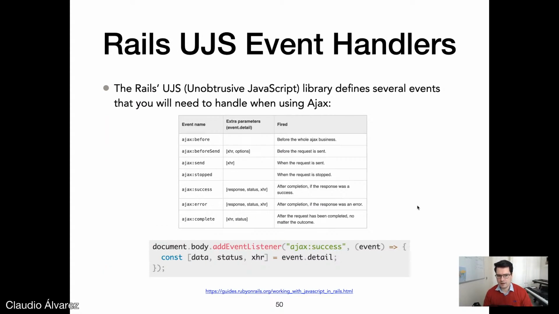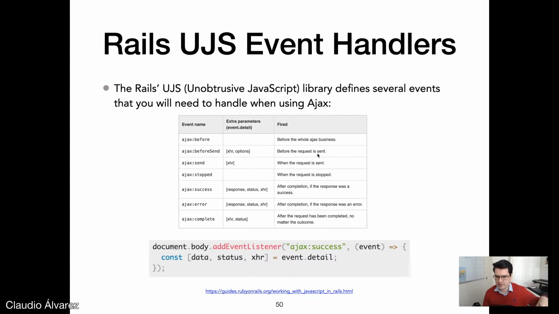So here's a list of the handlers that are available for Ajax operations with an obtrusive JavaScript in Rails. You got, antes de que se manda el request tienes un handler de evento, tienes después before the whole Ajax business, o sea, al principio, ¿ya?